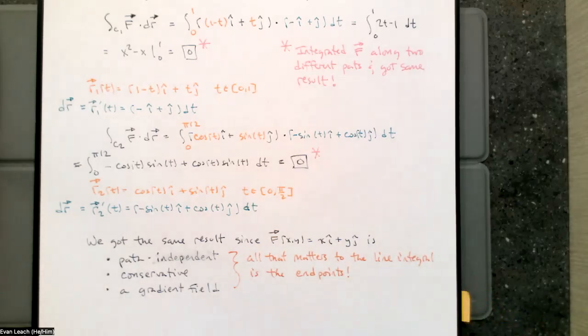Since the paths C1 and C2 had the same endpoints, that was all that mattered, because this vector field is path independent.